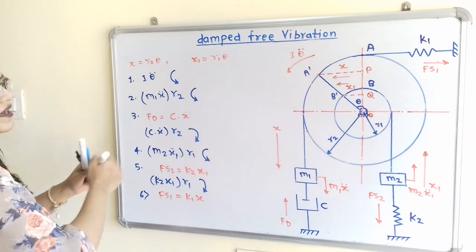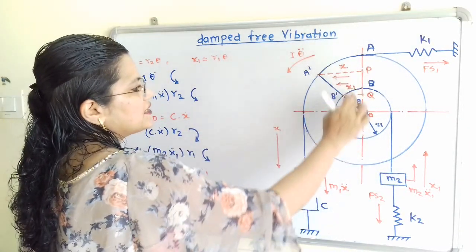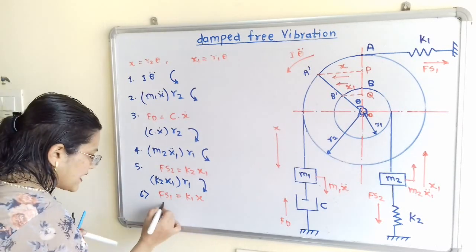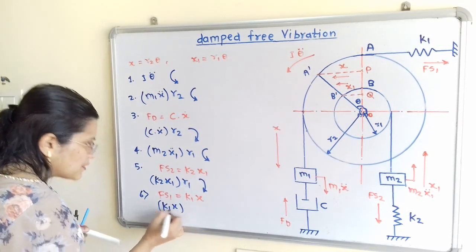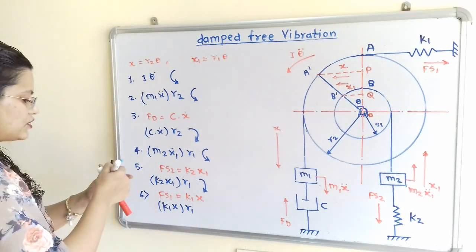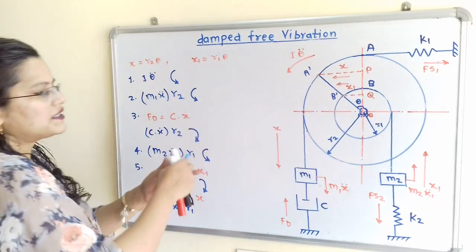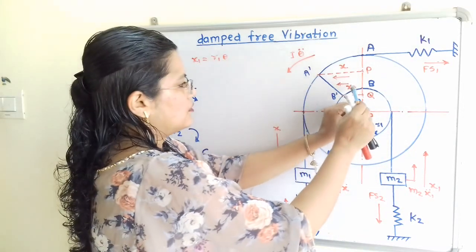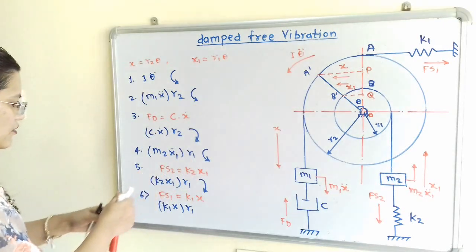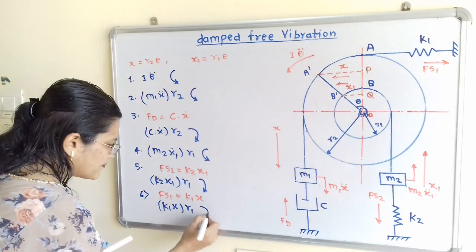And for the couple, how to find out? That is force multiplied by perpendicular distance. That is K1 x is the force. Perpendicular distance is r1. And what is its direction? So I will move the compass in the direction of Fs1. So if I move the compass about O, then we will get the clockwise direction.